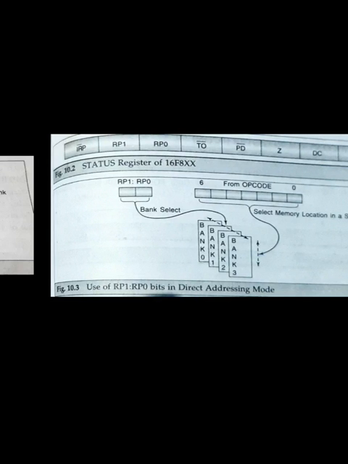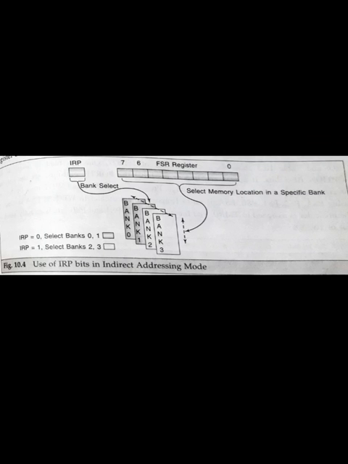Depending on the combination of the bits RP1 and RP0: 00 selects register bank 0, 01 selects register bank 1, 10 selects register bank 2, and 11 selects register bank 3. So this is related to the direct addressing mode.